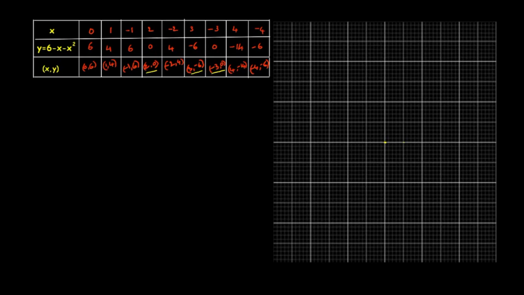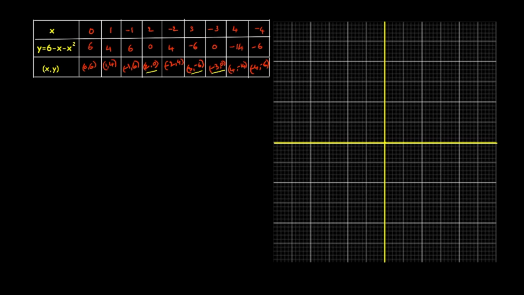Okay, so here you can observe, now I'm going to take the lines x-axis and y-axis. So this is the x-axis, and the y-axis like this.